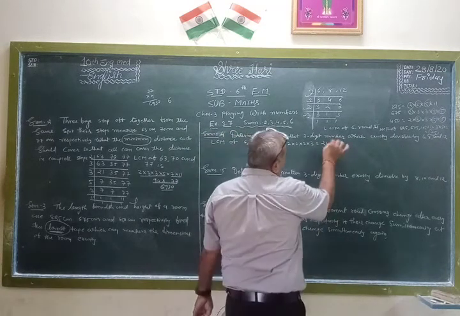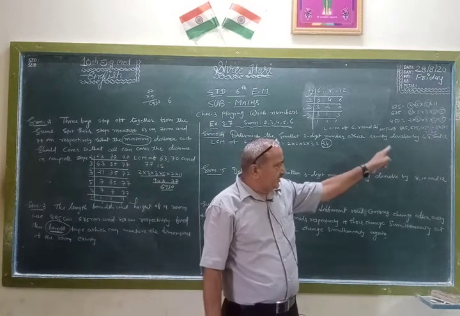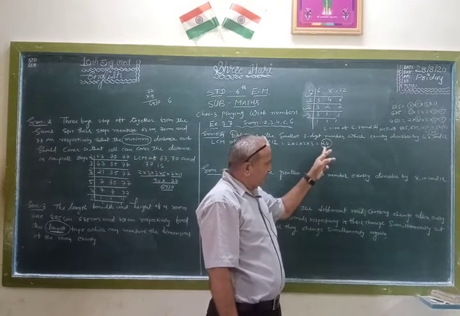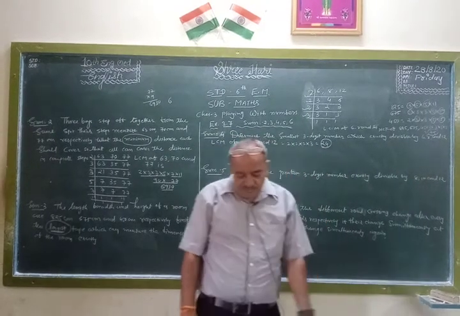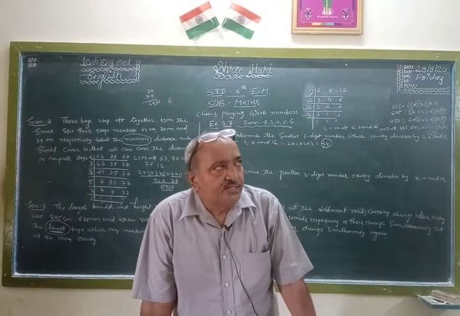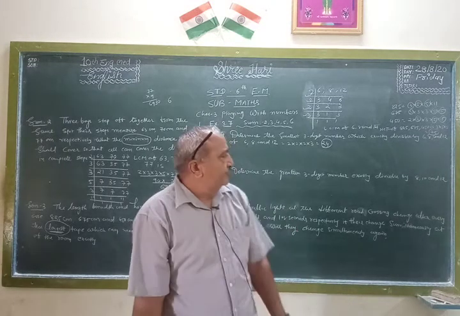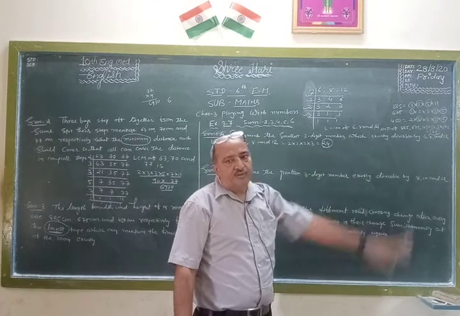Friends, 24 is a multiple of all numbers 6, 8 and 12, because 6 fours are 24, 8 threes are 24 and 12 twos are 24. So we can divide 24 by 6, 8 and 12 with remainder 0. So 24 is a multiple of all the numbers.